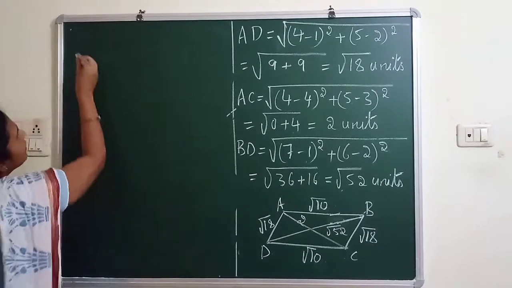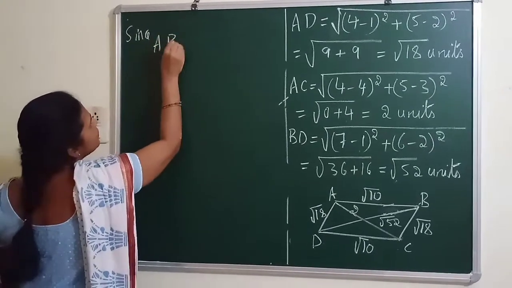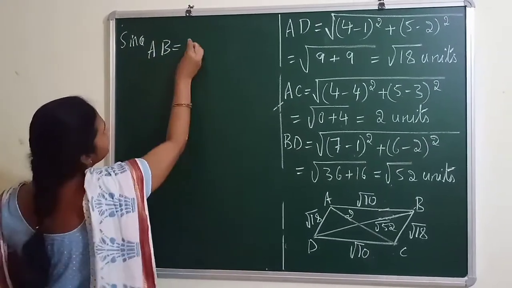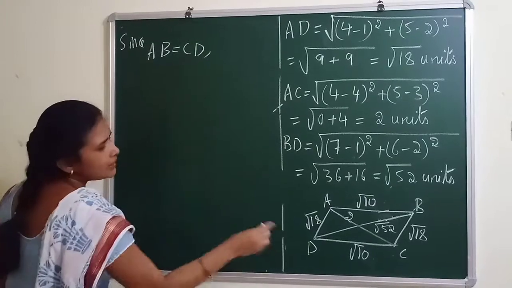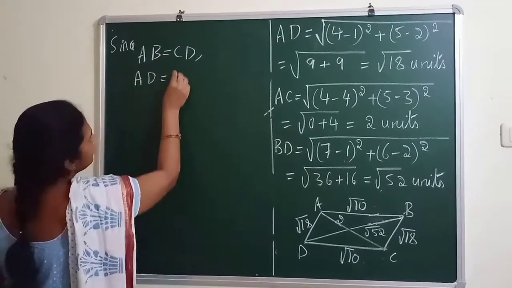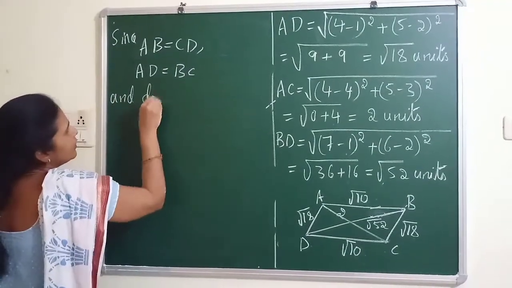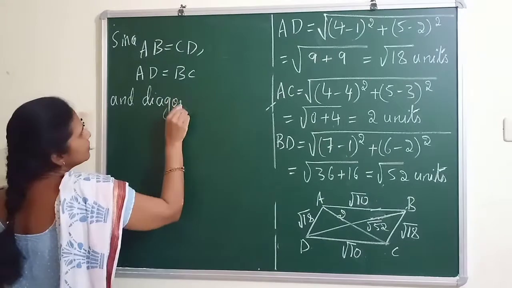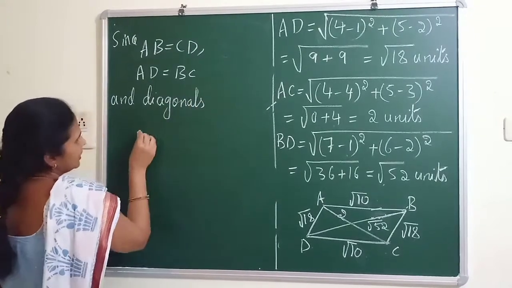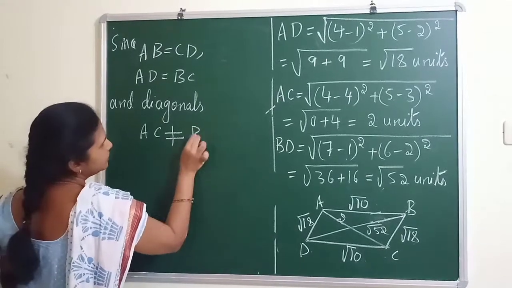So we got AB equals CD, the opposite side, and the other pair, AD equals BC, and the diagonals are not equal, that is AC is not equal to BD.